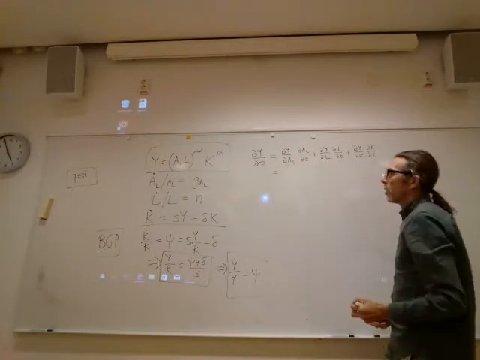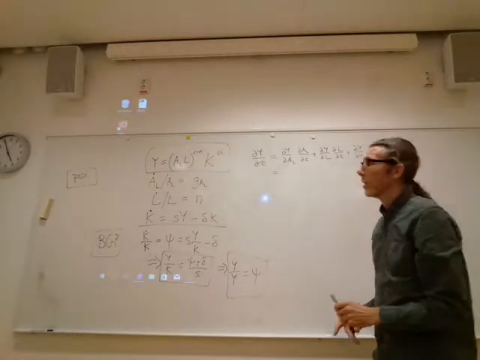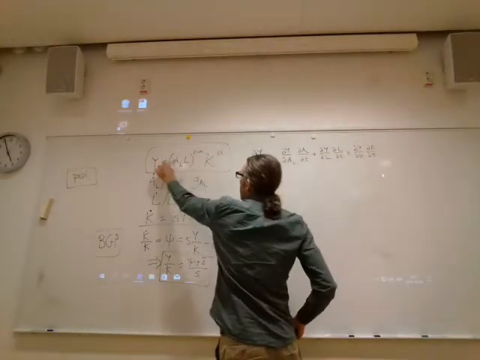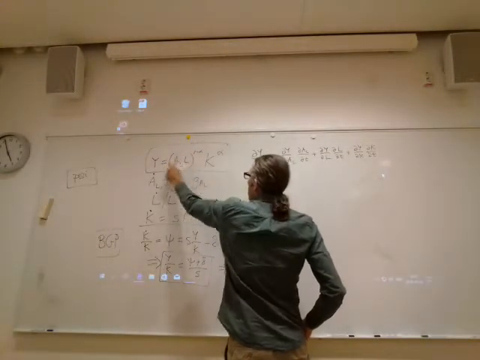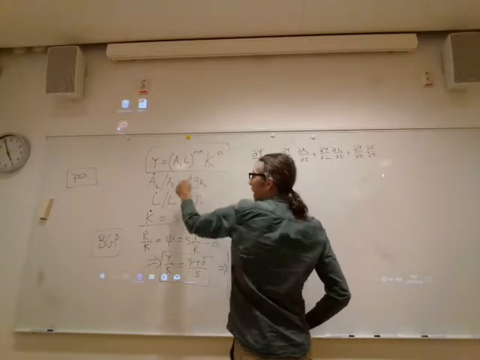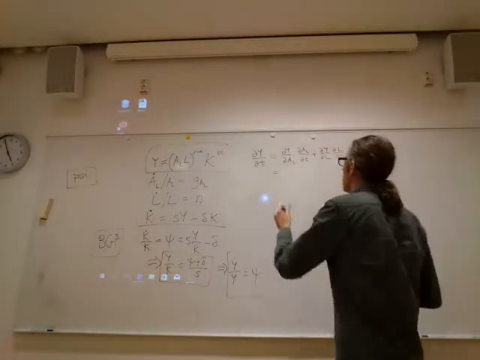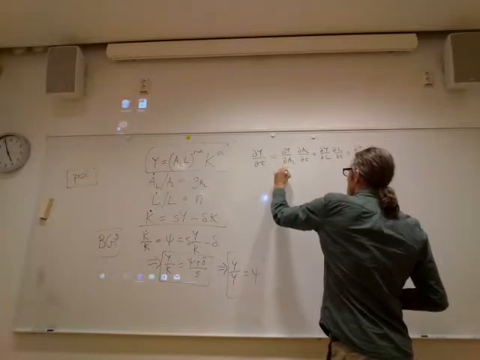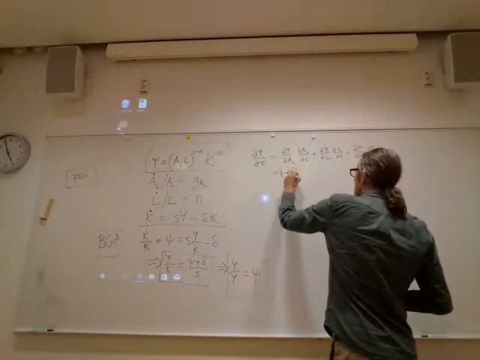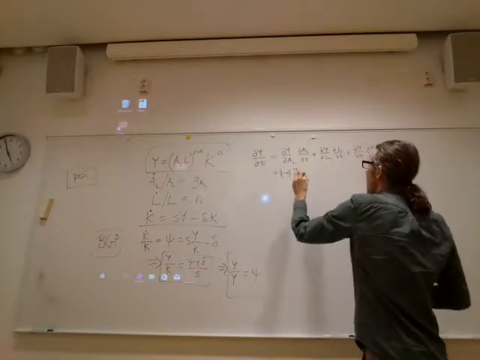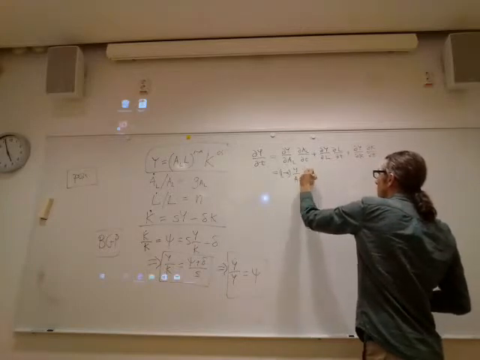So what is dy/dAL? It is (1 minus alpha) times y over AL. And what is dAL/dt? It's just AL dot, yeah.